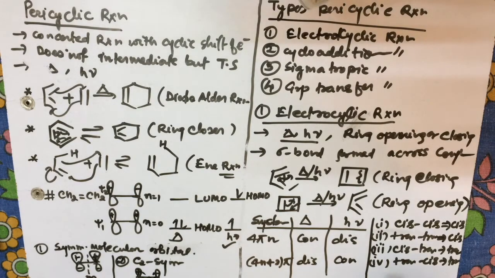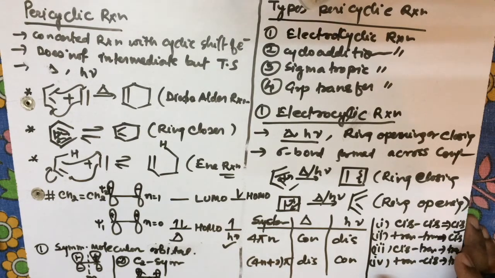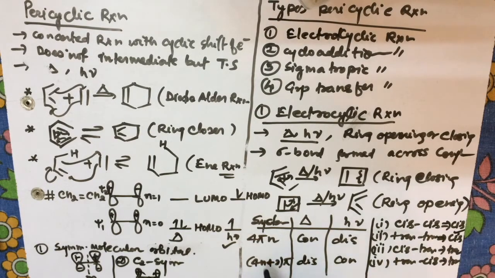If overall you have cis in the reactant, and your condition is a 4n pi system under heat condition, meaning conrotatory, then this will change to trans.